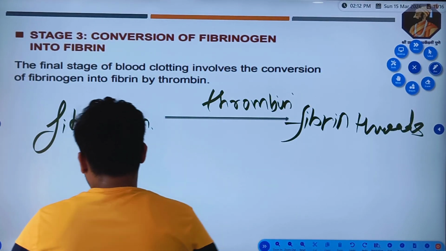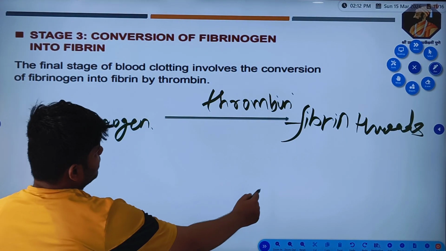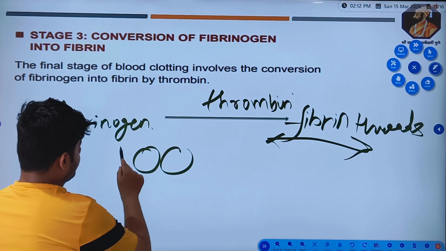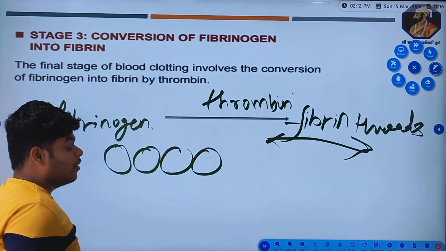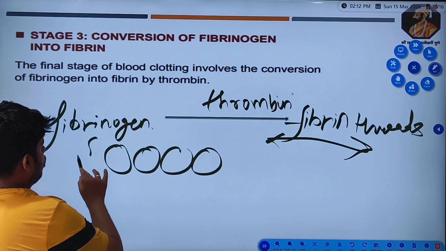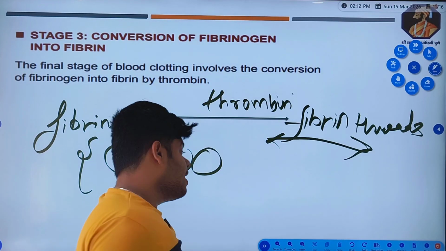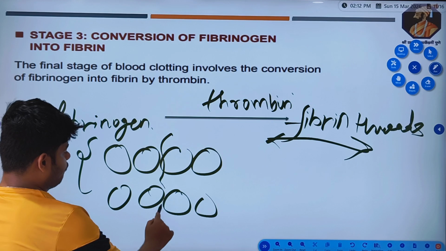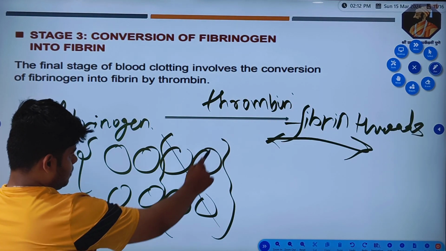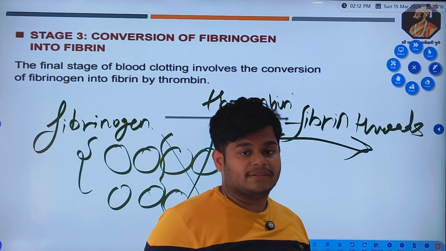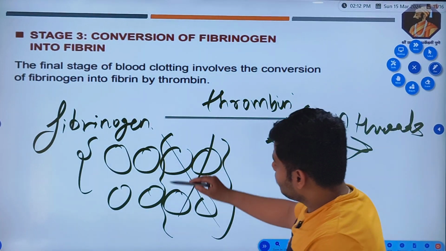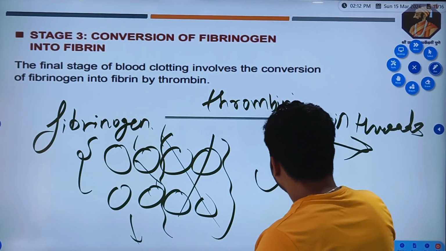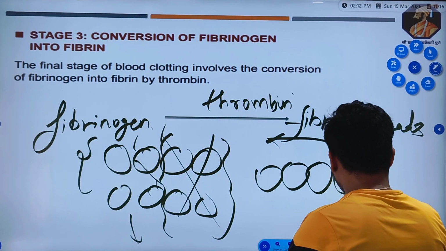Now, how is fibrinogen converted into fibrin? Fibrin is nothing but activated fibrinogen. The fibrinogen looks like this, not a perfect diagram, I am only giving this for your understanding. If we call this fibrinogen, okay, now from each fibrinogen molecule, two fibrin peptides separate, are removed, and the remaining part is called fibrin, and this fibrin further polymerizes and forms the fibrin thread.